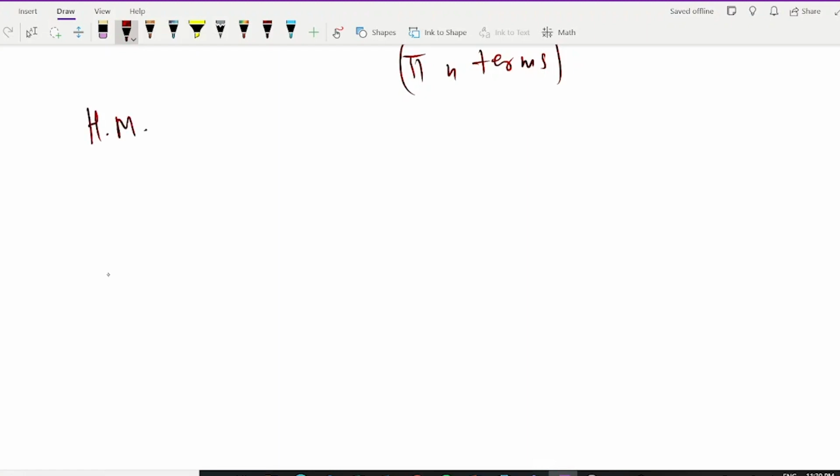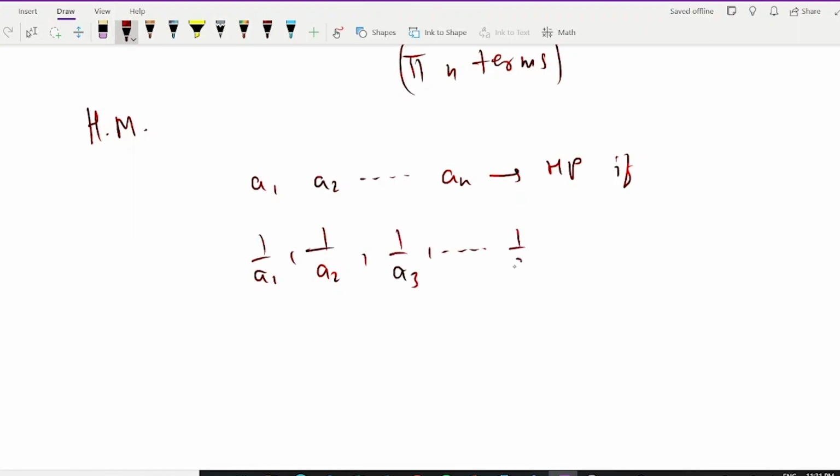Now harmonic mean. We know that a sequence a1, a2, an is in harmonic progression if 1 by a1, 1 by a2, 1 by a3 up to 1 by an is in AP.